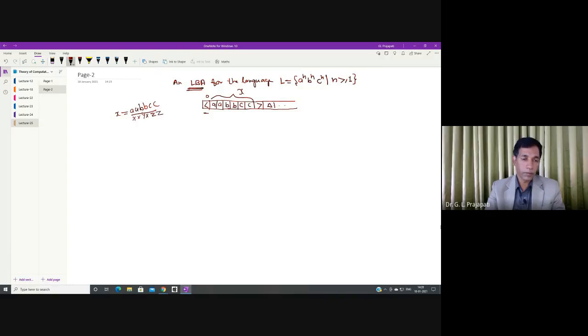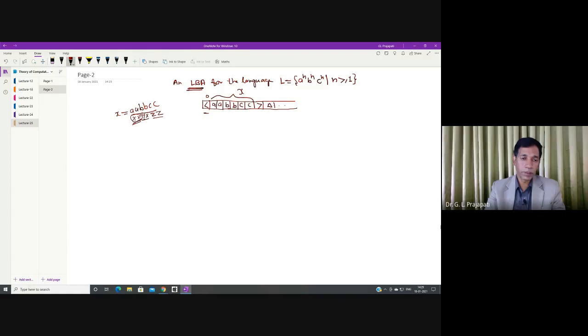Again you come to the beginning and you find that there are no further small a's. Then you just need to verify that you have matched the same number of a's, b's, and z's or not. How would you come to know? Once you are at this point and the next symbol is y instead of small a, it means everything has been converted to x.